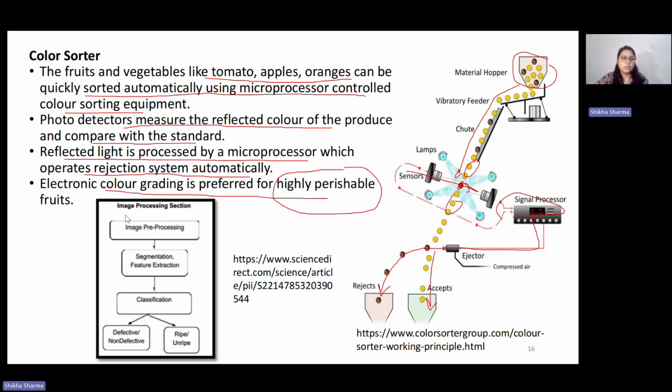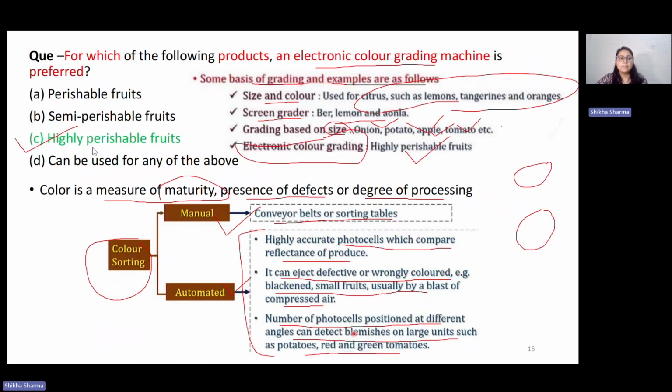In color sorters, the image is processed and segmentation is done, so defective product can be separated from non-defective product, and ripe product from unripe product based on color. So highly perishable fruits can be sorted using an electronic color grading machine.